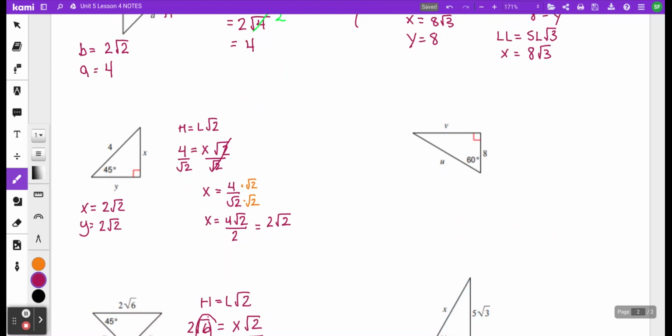Again, label. So here's our long leg, hypotenuse, and short leg. Yay, we have our short leg, which makes everything a whole lot easier. So if we want to find our hypotenuse, we know that is 2 times our short leg. So u is going to be 2 times 8, which is 16.